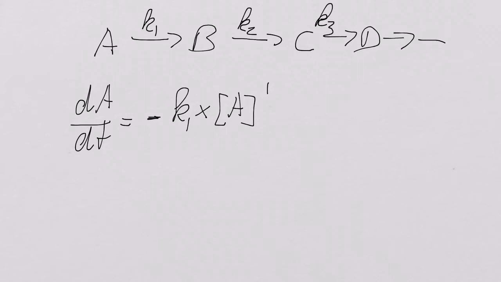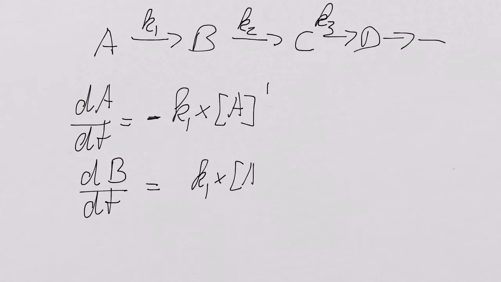What happens to B? dB over dt. Well, obviously, B is produced, so B gets all the stuff that comes from A. Yeah? So therefore, we would have K1 times A. That is what B gets.